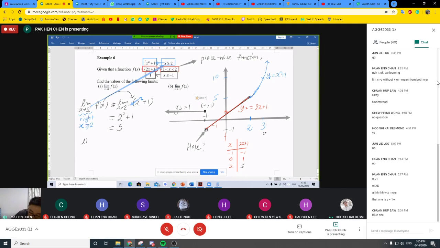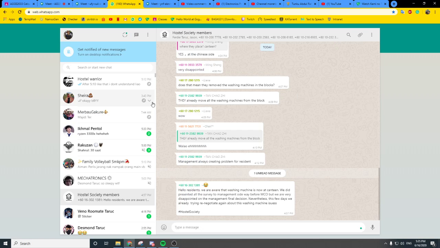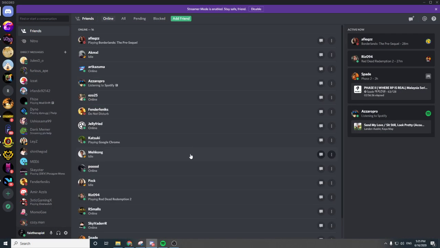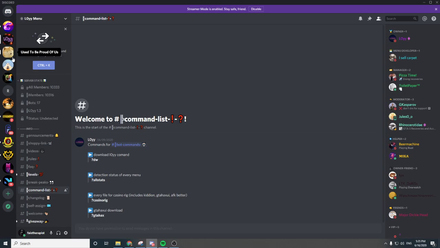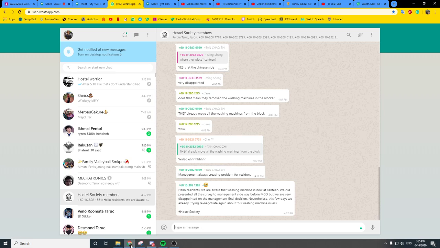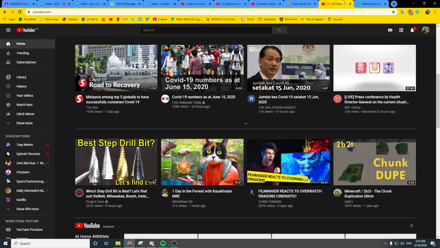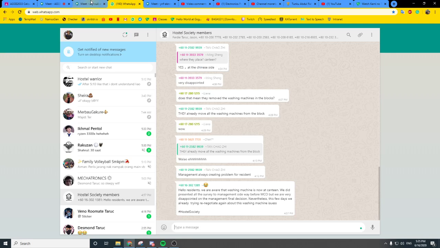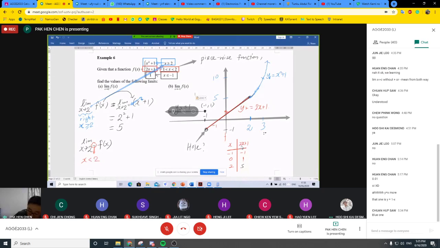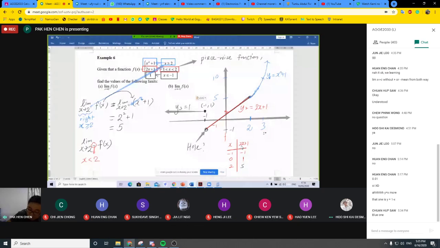Compared to the left limit, when we want to find the limit as x approaches 2 minus of f(x), when you see a minus sign on top of the 2, this actually refers to x less than 2, isn't it? When x is less than 2, we have to refer back to this piecewise function, for this range. Agree or not?